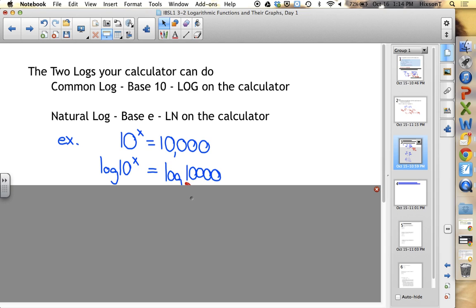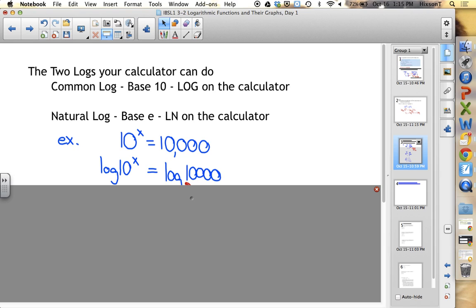And even though we know it's going to be 4, go ahead and on your calculator punch in the log of 10,000. The log of 10,000. And make sure it's giving you 4. Okay? Alright? Everyone get 4?